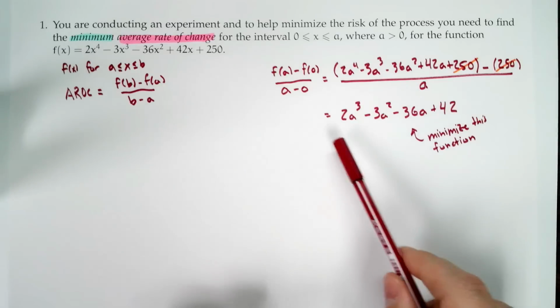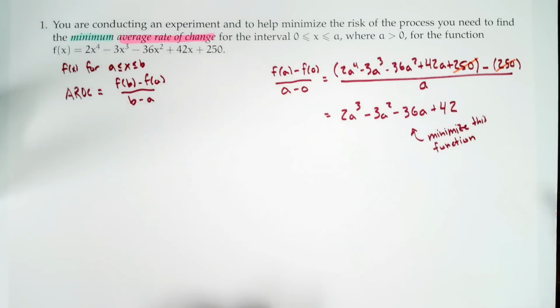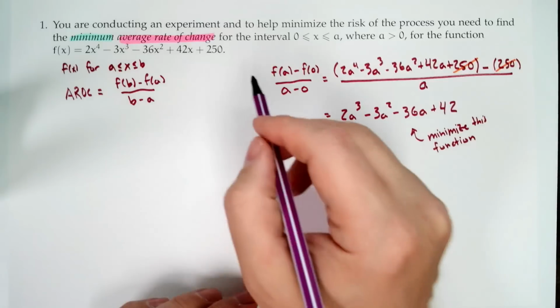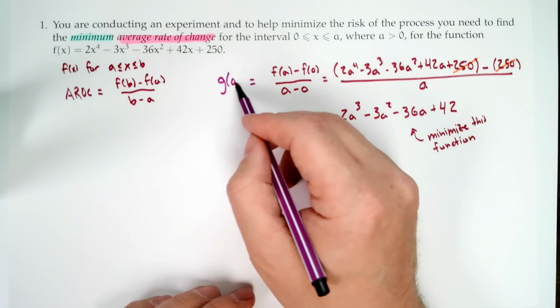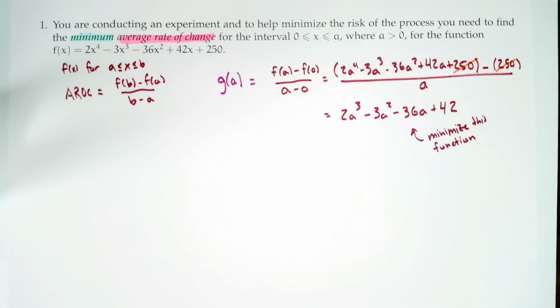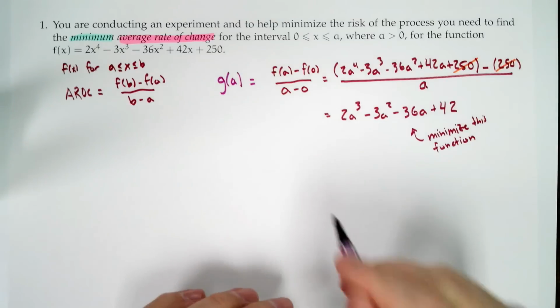We've got it down to a function of just one thing that we vary, a function of one variable. And once we have that, we say, okay, what's next? Well, we need to give this a name, we'll call this g(a). So g(a) is the average rate of change between 0 and a. So we're trying to optimize that.